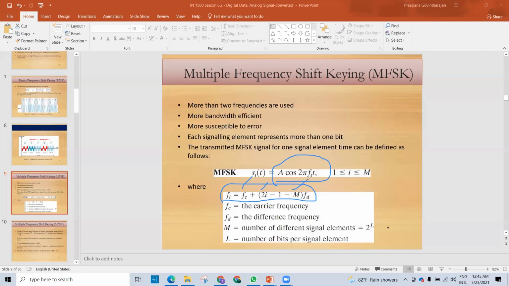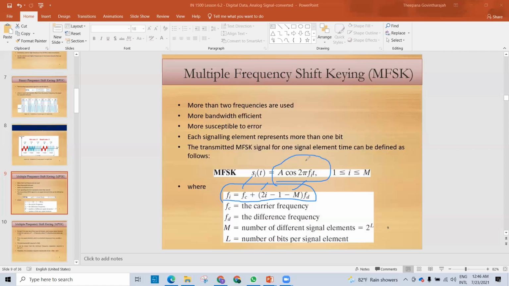For example, if we represent one signal with 2 bits, then 4 different combinations are possible: 00, 01, 10, 11. So here we have 4 different signal elements to show these 4 different combinations. So this M means the number of different signal elements. And FD means the difference frequency.